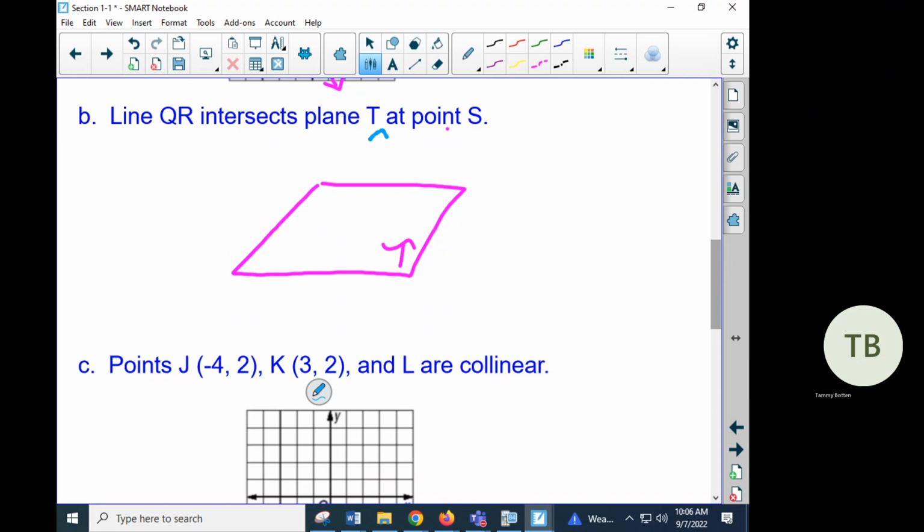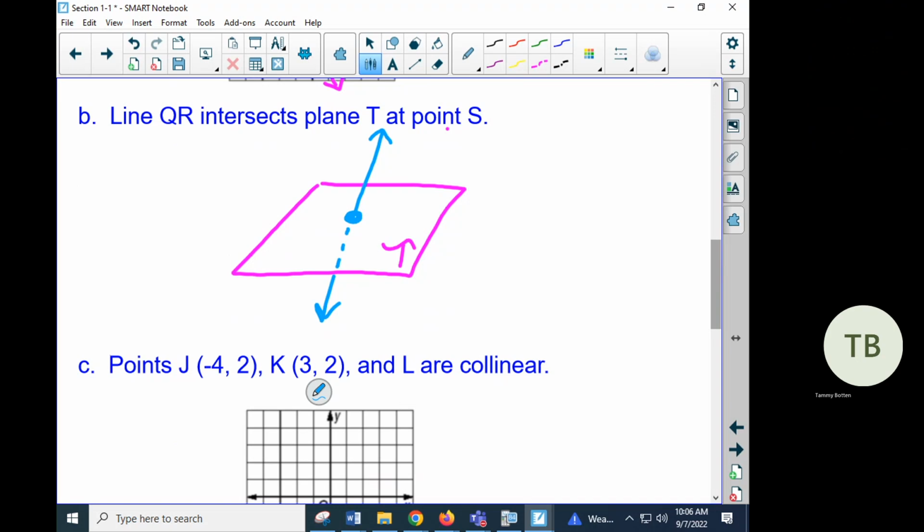So I'm going to have a line. Now, to show that it goes through the plane, you emphasize where it touches the plane. Then you do dashed lines, and then you show it coming out the bottom. These dashed lines just mean that you can't see it at that point. So that's how we show that it's going through.